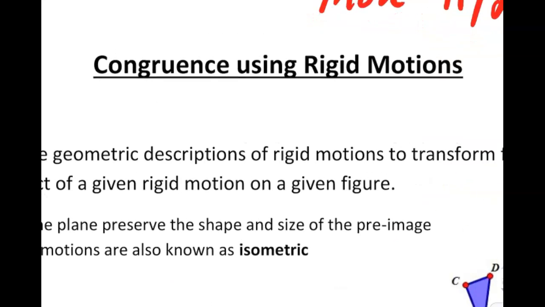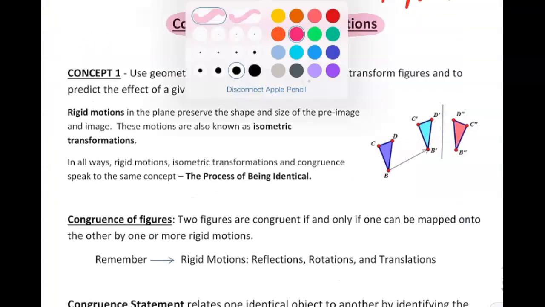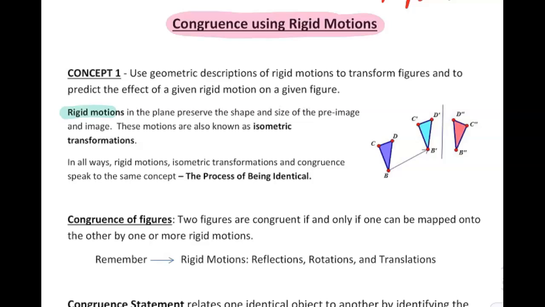Congruence using rigid motion. We talk a lot about congruence for several months, and then we talk a lot about similarity for some time after that. Congruence is when angle and distance are both the same. In other words, rigid motions. We talked about that term a lot.